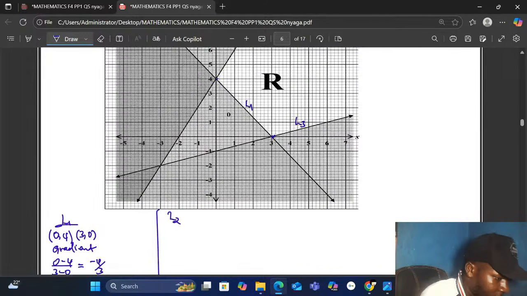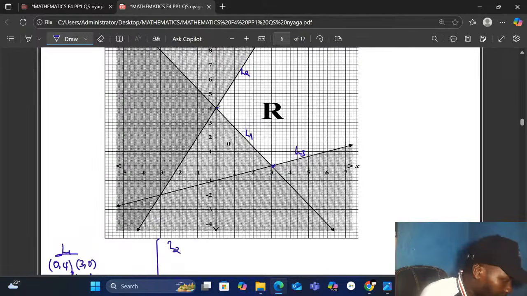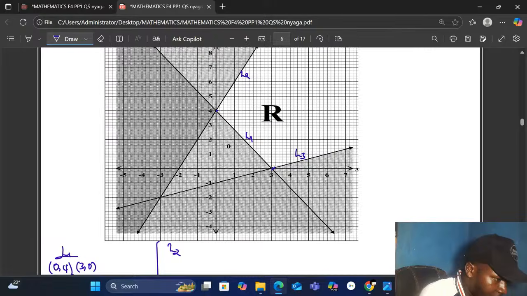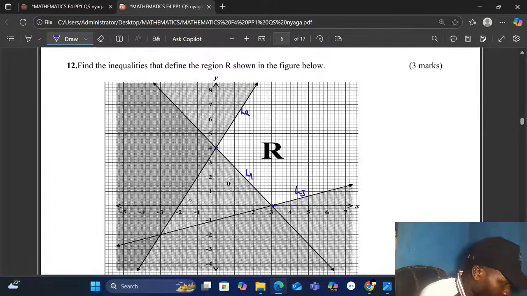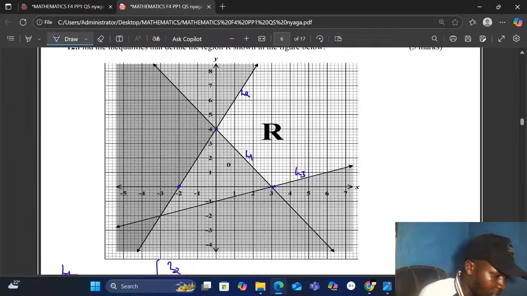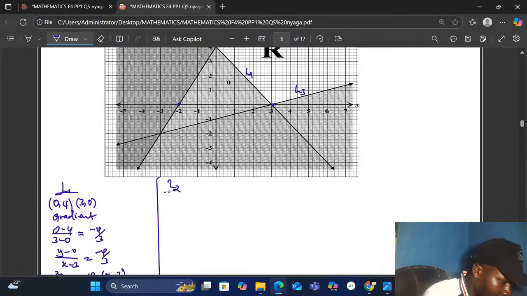Line L2, this is where it is. We can take 0, 4, this point, and another point along this, negative 2, 0. Those are the 2 points for line L2.